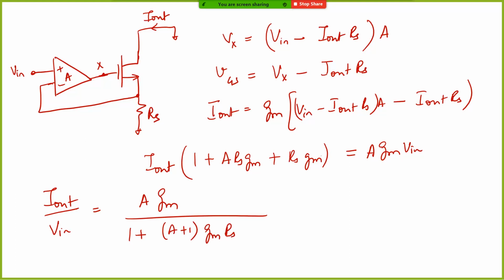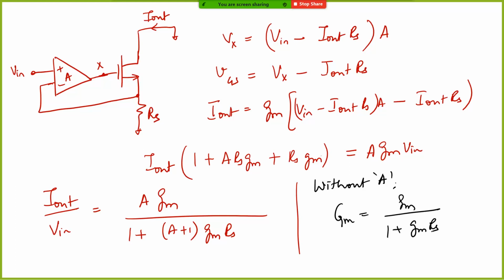Now if you didn't have this extra amplifier, from our discussion of common source with source degeneration, we know that the effective GM would have been GM divided by 1 plus GM Rs. Now what has happened?